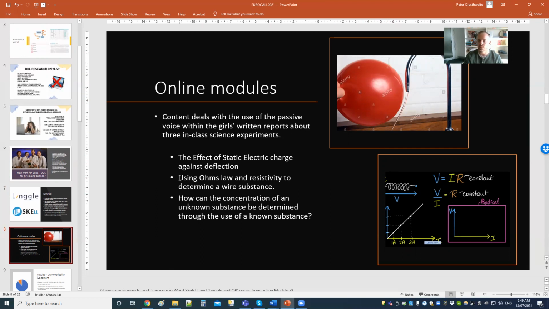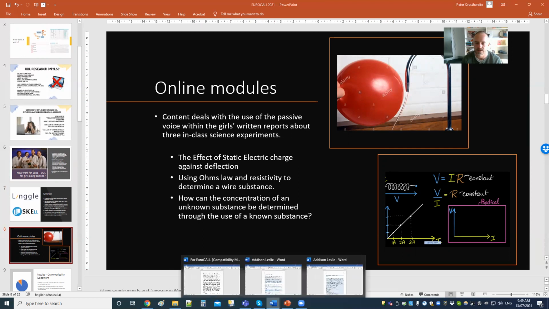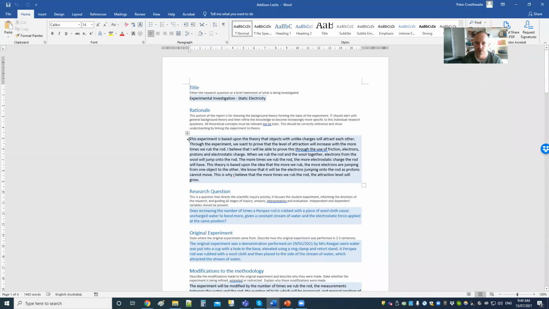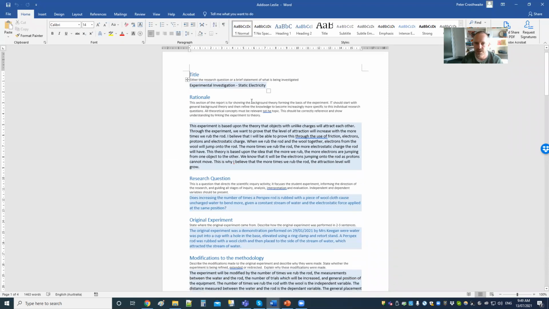And then the second was using Ohm's law and resistivity to determine a wire substance. And the third was about how the concentration of an unknown substance can be determined through the use of a known substance. The writing that they were doing would look something like this. So here's one from a student of ours about the static electricity experiment.